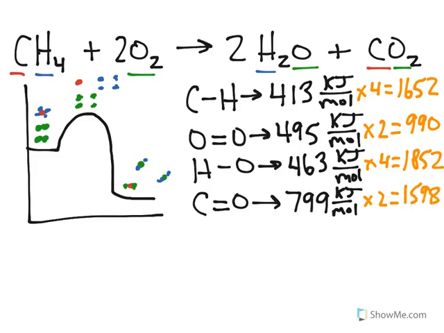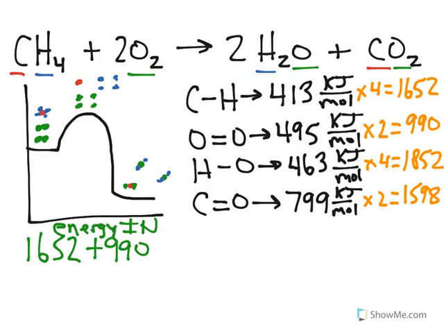So what we can do here, since we know the total energy that's going in to break these bonds, let's go ahead and add those together. We're going to take 1652 plus 990, and this is representing the energy that's going in, for a grand total of 2642.